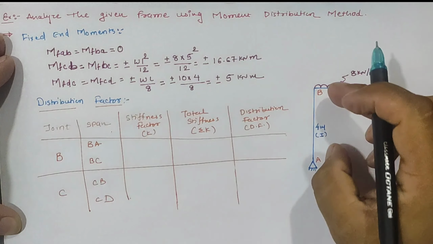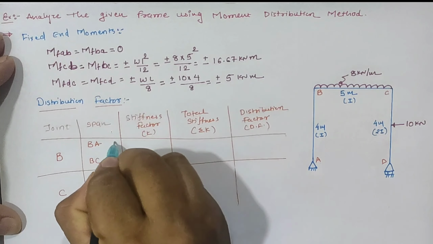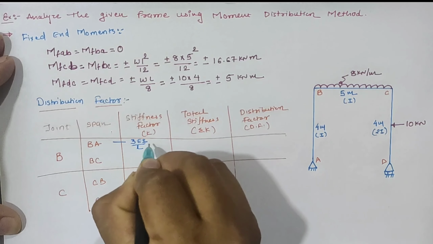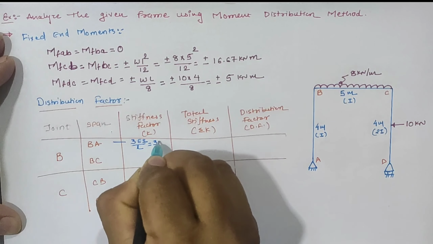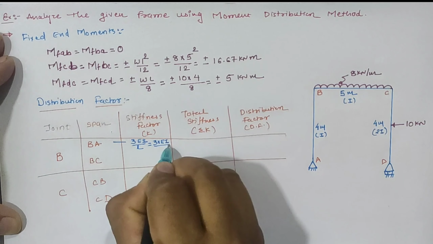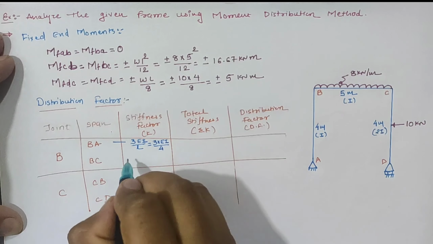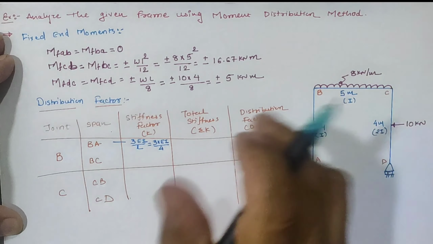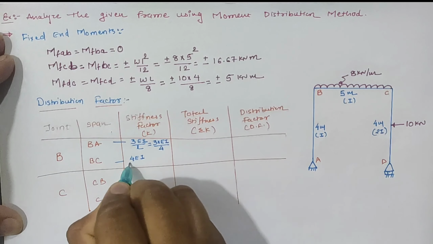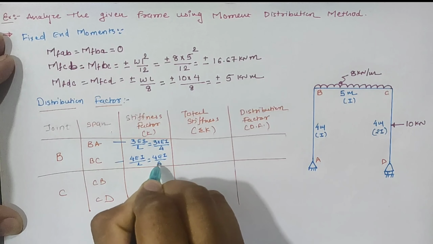Now for the BA span, when the far end is hinged, it is 3EI by L. So 3 E, I is single, divided by L which is 4 meter. And for the BC span it is 4EI by L, as it is an intermediate span, so 4EI by 5.